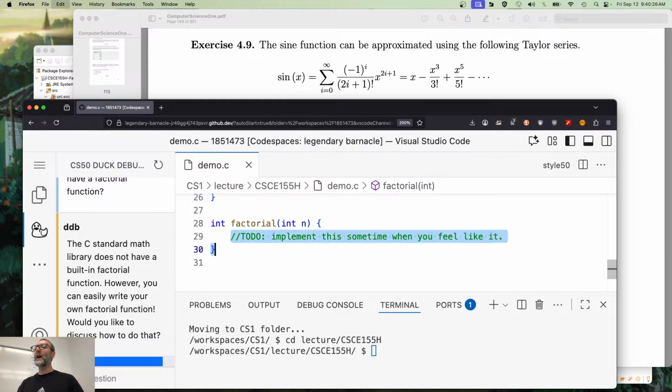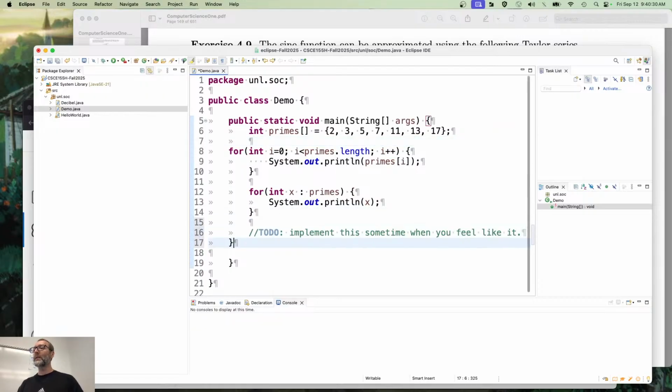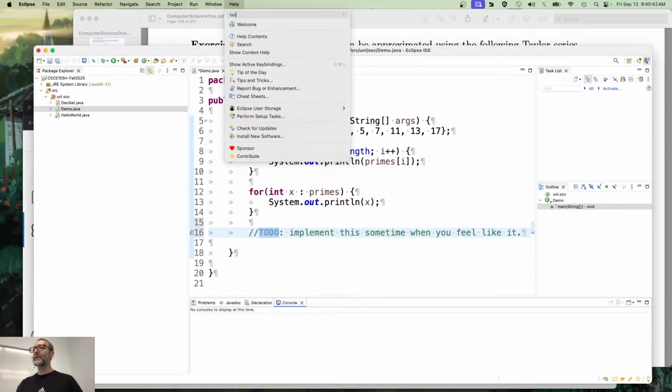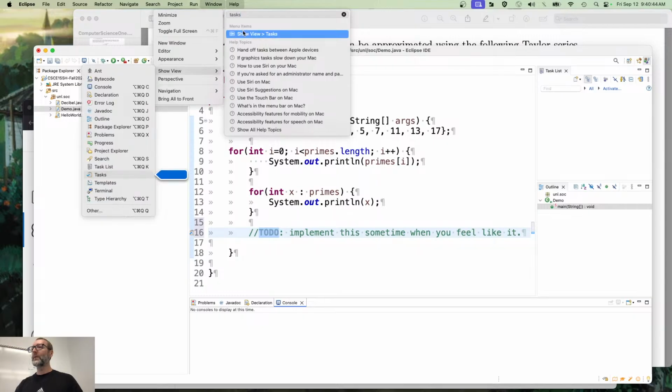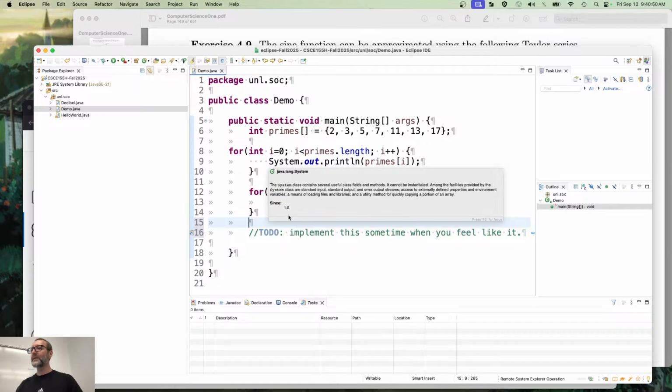The reason that you do that is in certain IDEs, for example, Java over here, it's already highlighting it in this special blue bold text. That's because you can go down here, and it's not showing right now, but I will show view tasks. There we go. Oh, I didn't save it, that's why.